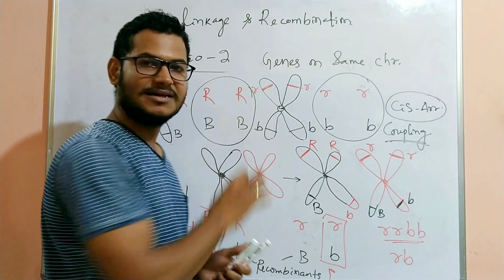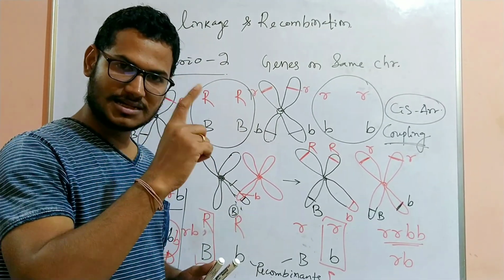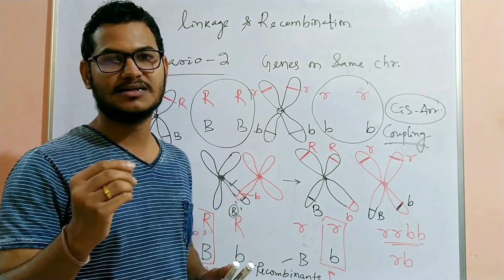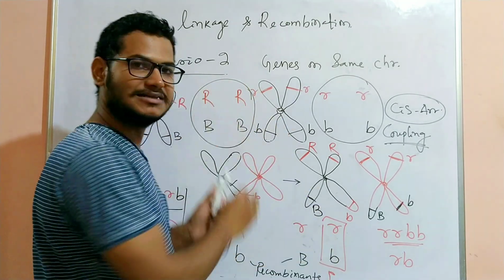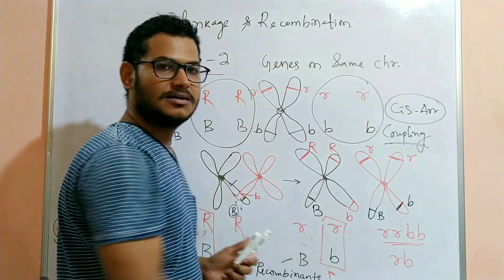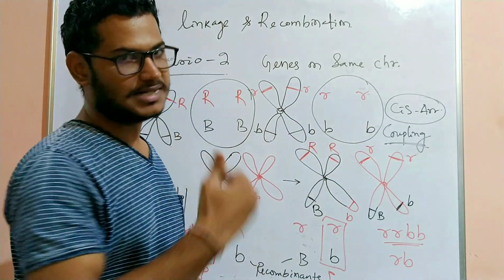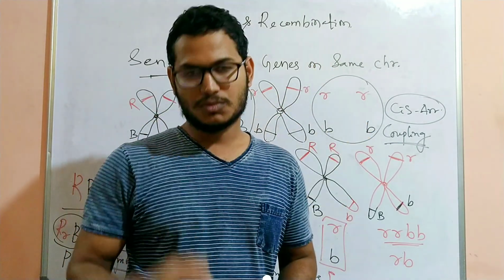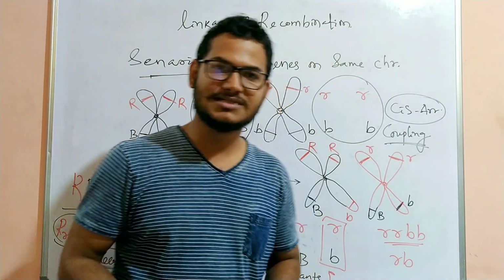They want to remain in a single chromosome where they are present. They want to be there. So dominant characters want to be there in the chromosome, and recessive genes present in different chromosomes want to be there, and they want to retain their original position.